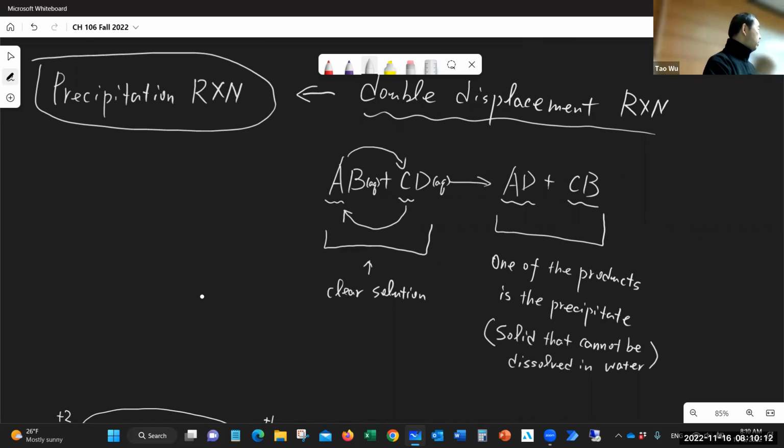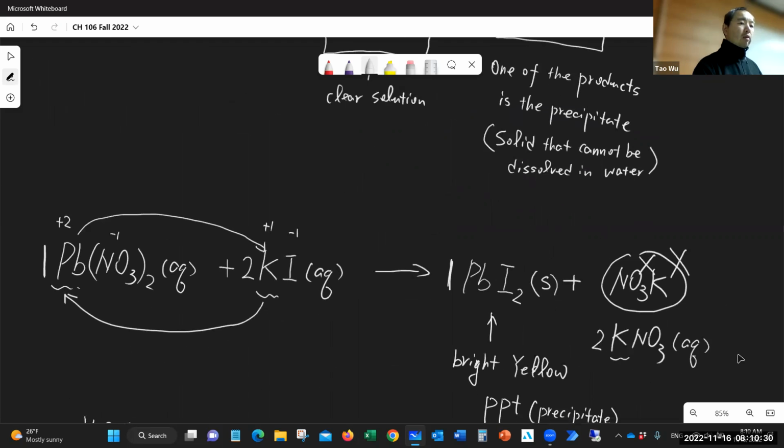The reason is that this compound cannot dissolve in water anymore, so it comes out of the solution. One of the products is insoluble.